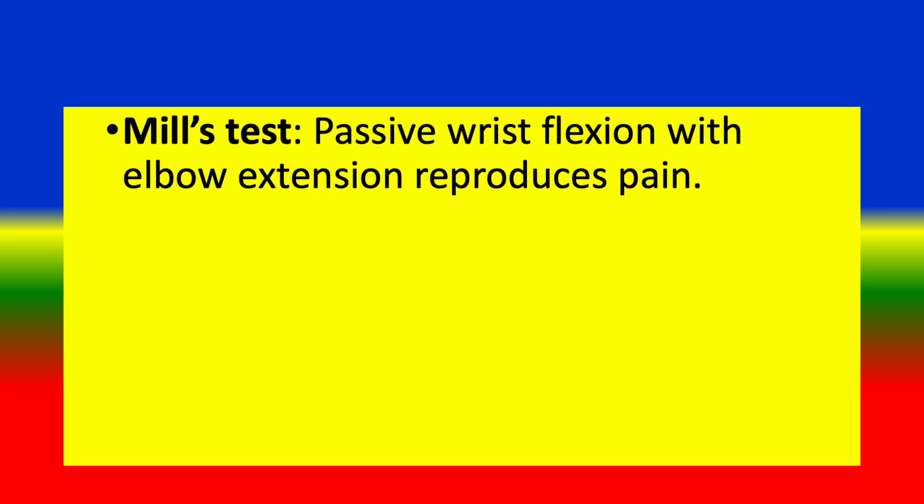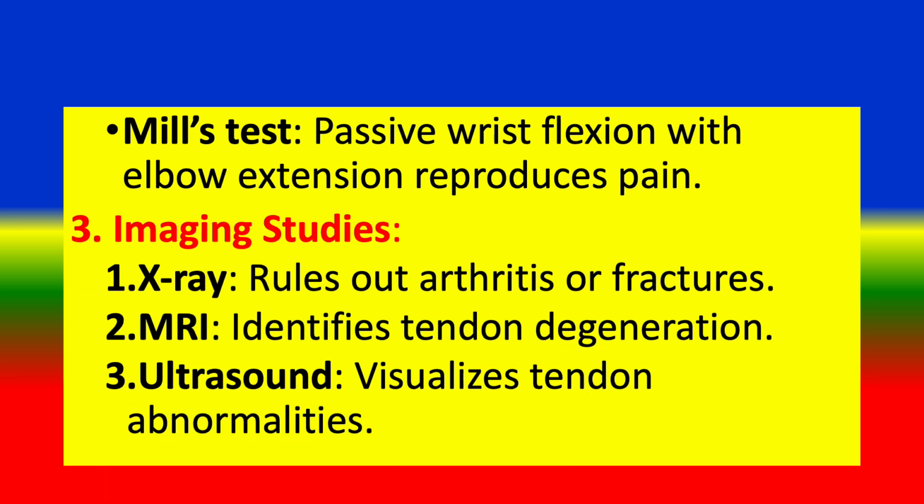Mill's test: passive wrist flexion with elbow extension reproduces pain. 3. Imaging studies. 1. X-ray rules out arthritis or fractures. 2. MRI identifies tendon degeneration. 3. Ultrasound visualizes tendon abnormalities.